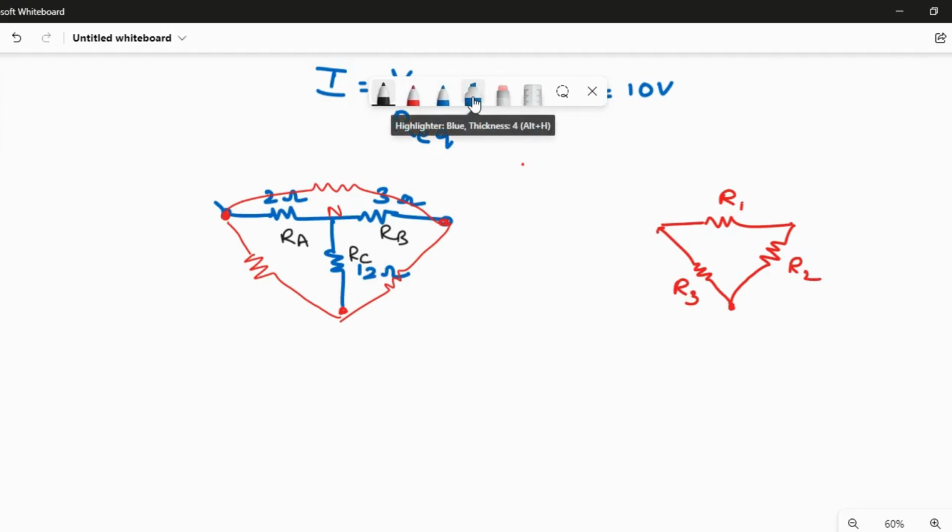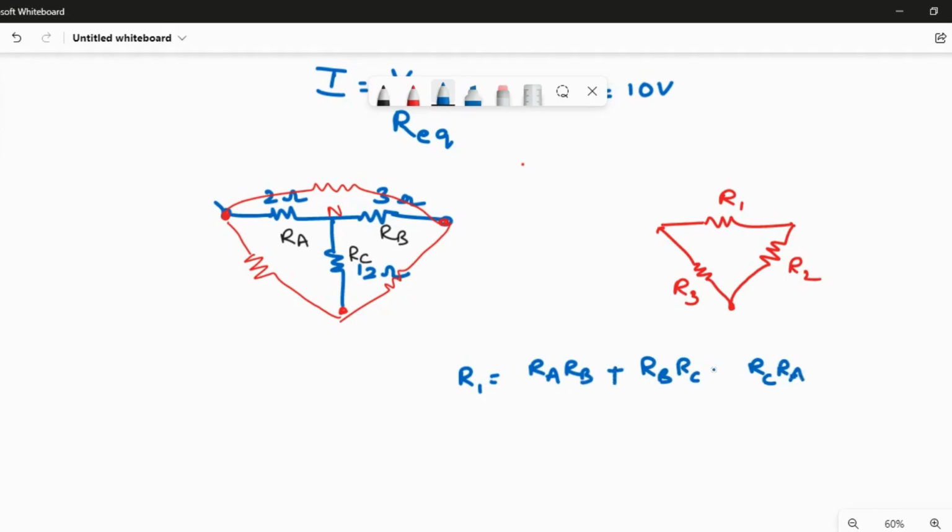Now to find the resistance in the delta connected network, R1 is equal to: multiply every two resistors in the star connection, RA RB, then RB RC, and the next two, RC RA, multiply every two resistors, then add all those.